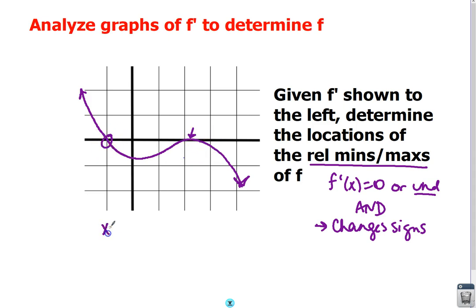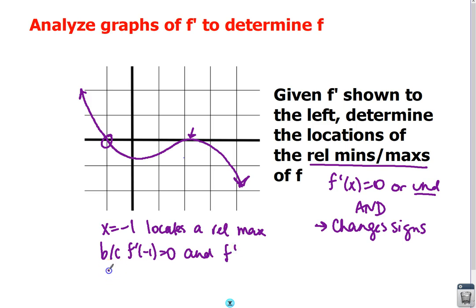So at x equals -1 locates a relative maximum. Now my derivative changed from positive to negative, so this is going to be a relative maximum because f prime of -1 equals 0, and f prime changes from positive to negative.